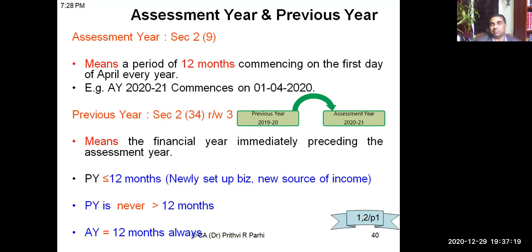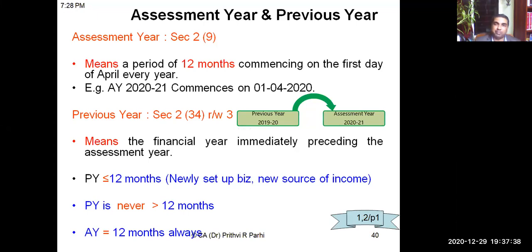Suppose a newly set up business. Suppose business is set up in the month of January. So here previous year is January, February, March. But assessment year is a full year, from April 1st to 31st March. But previous year is only 3 months.